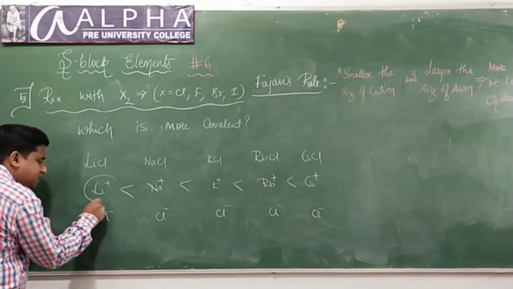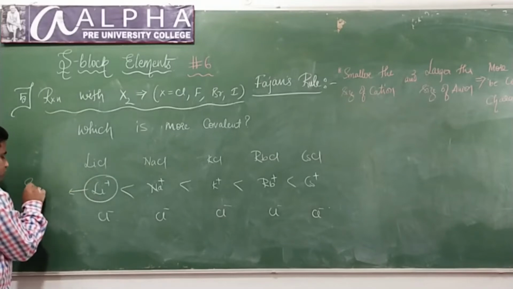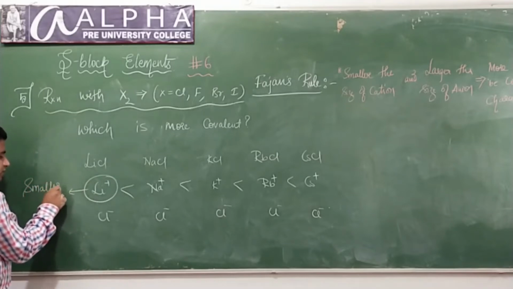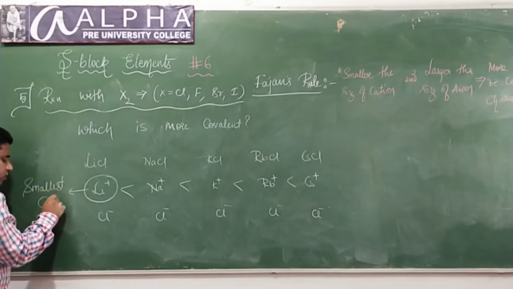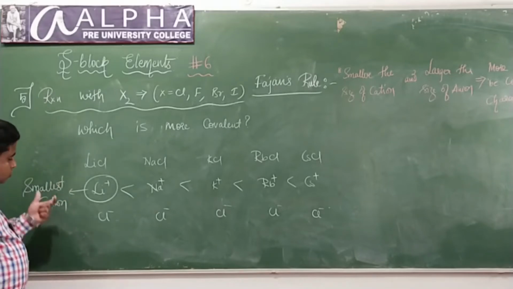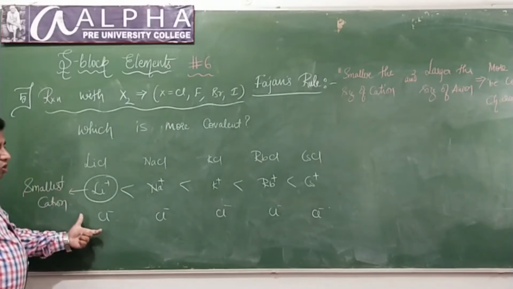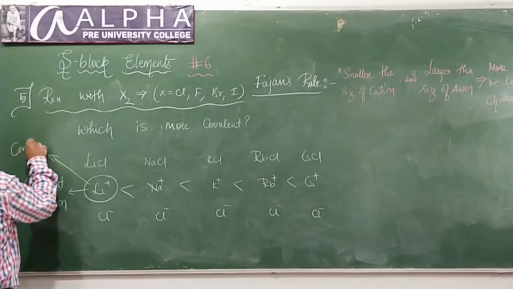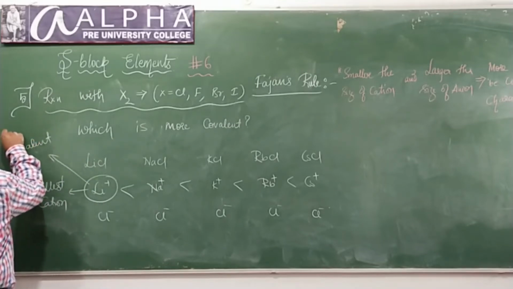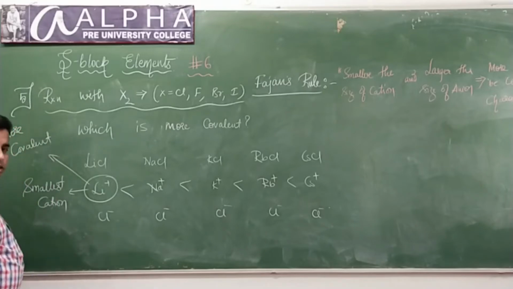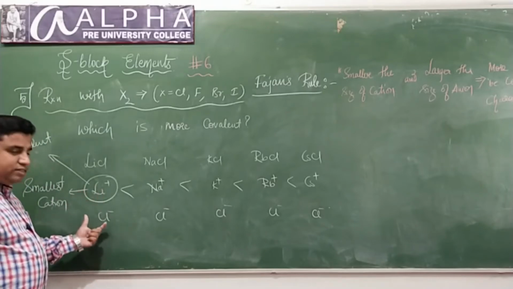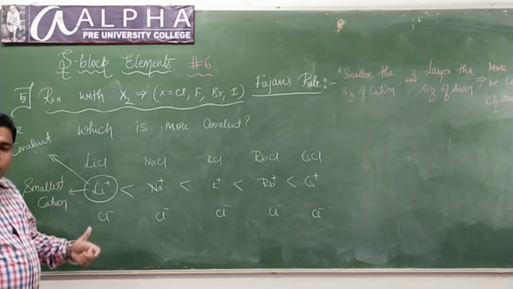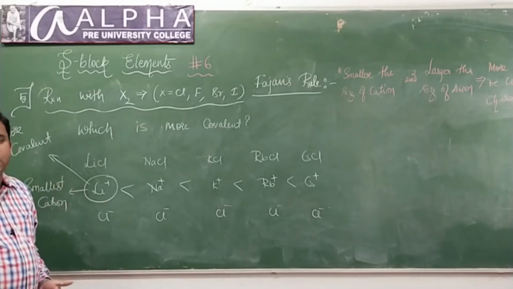In the sense, lithium is the smallest cation. So the smallest cation with anion will be more covalent, isn't it? The smallest cation with anion will form a covalent compound. More will be the covalent character.